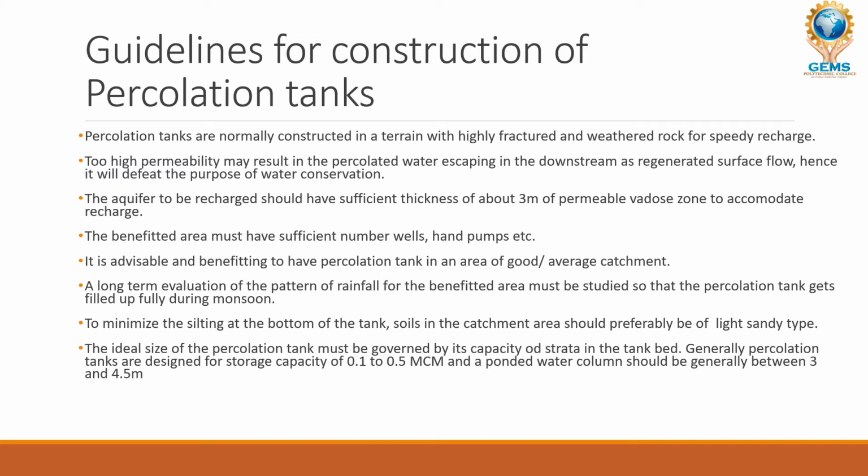It will flow continuously to other portions where the storage tank will not be available, or where you want to store it, the water will not move there. So too high permeability is a disadvantage for the construction of the percolation tank.